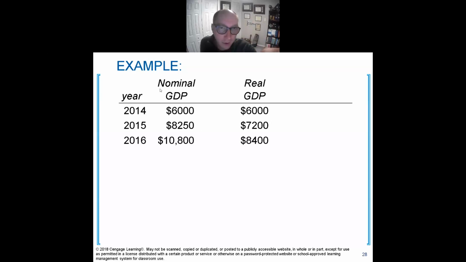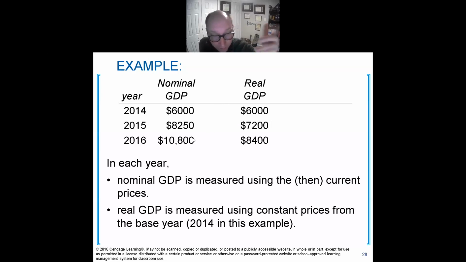But if we compare nominal to real GDP, we can see, especially for 2015 and 2016, the primary differences. And the reason for that, of course, is 2014 was used as the base for real gross domestic product.